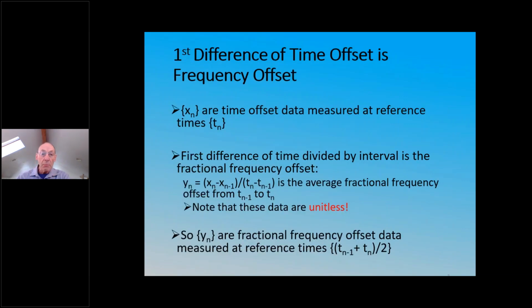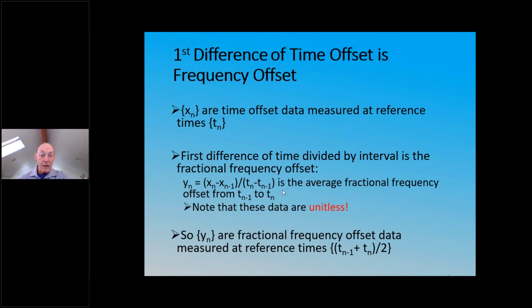So the second thing I'm going to plot is the frequency offset between these clocks, and you can determine that frequency offset by taking the first difference of the data. So if the actual measurements are these x sub n at a reference time t sub n, if you difference them, you take the difference of neighboring points, and then divide by the time interval between those points, you get the average fractional frequency offset over that time.